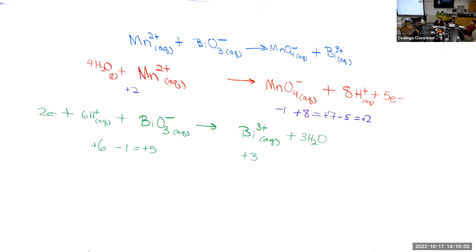The electrons are being released, right? The electrons are being lost. So this is oxidation or reduction? Oxidation. So the red is oxidation, and then the green is reduction.